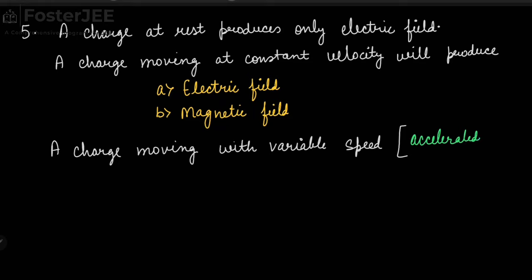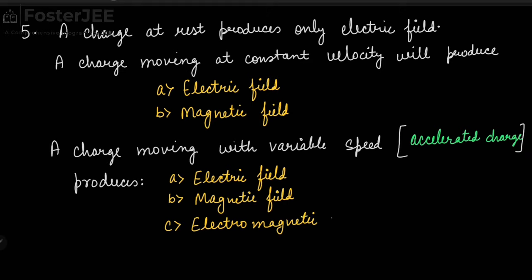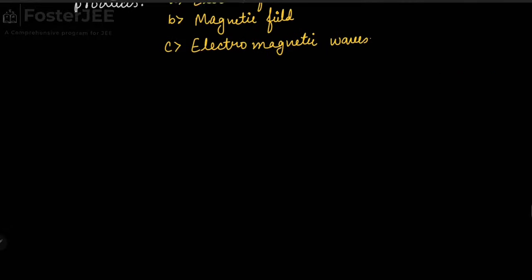Accelerated charge produces A. Electric field, B. Magnetic field, and C. Electromagnetic waves. Now we will discuss these points one by one.